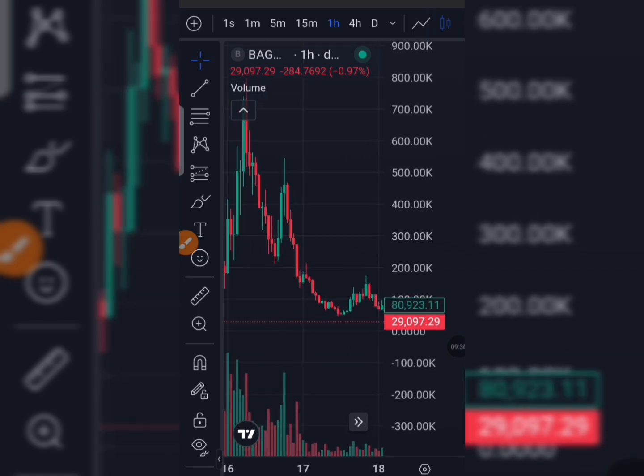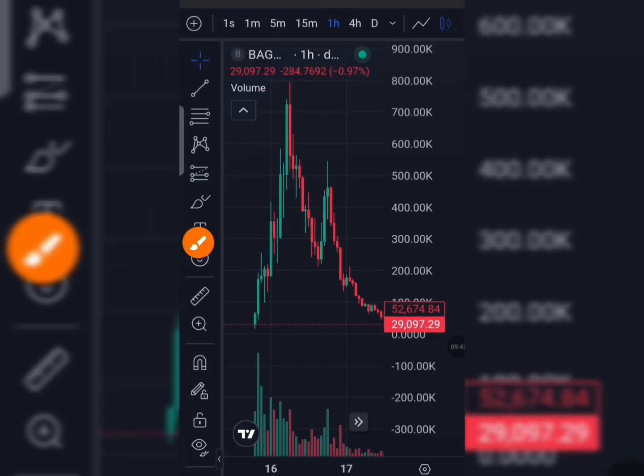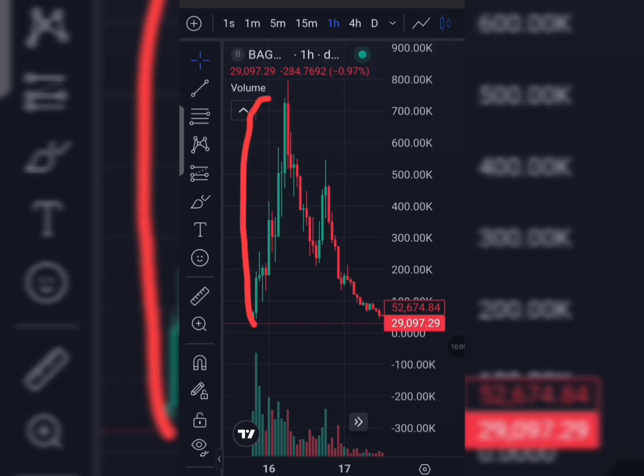I'm going to show you how it definitely looks. The reason why I'm using the 1 hour time frame is so that the chart looks more neat and clean. These coins have been in the market for over a number of days now, so I just want the chart to look good and clean. What I'm going to be saying is that this first pump right here in sideways accumulation, we call it phase one.